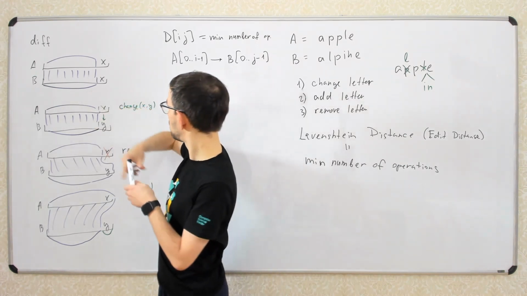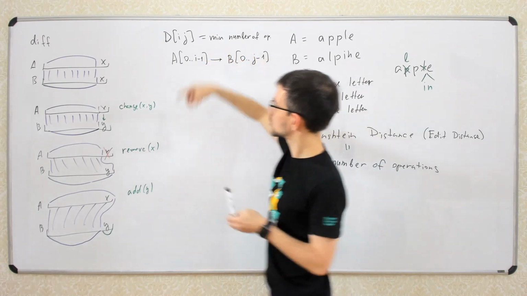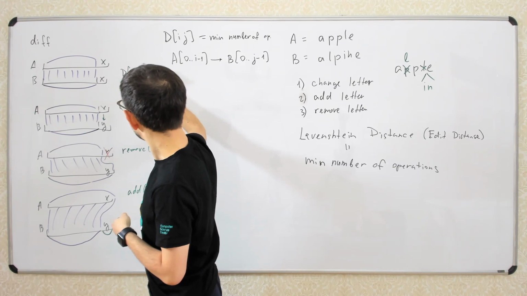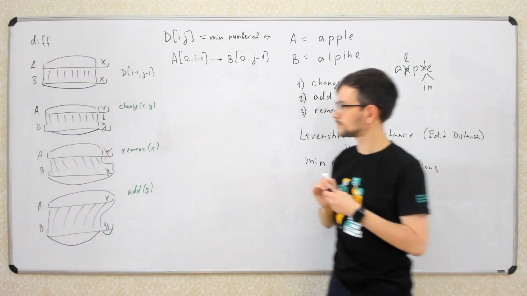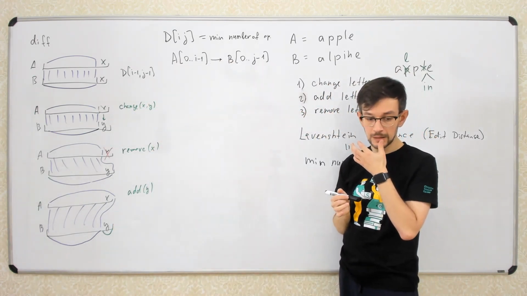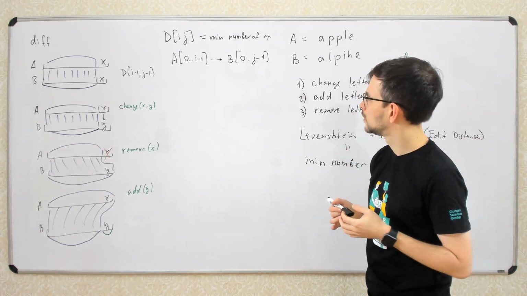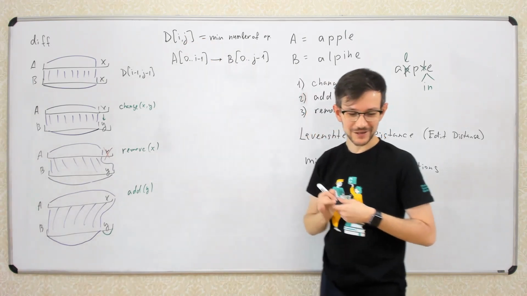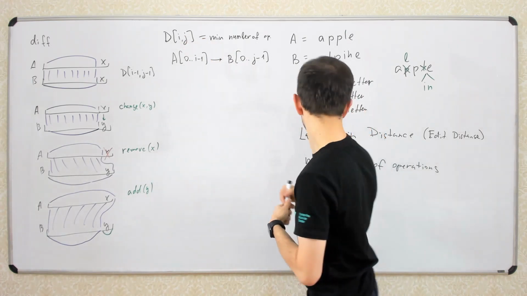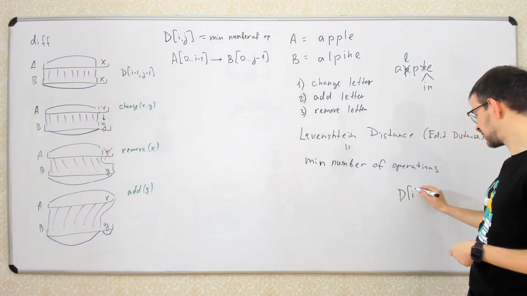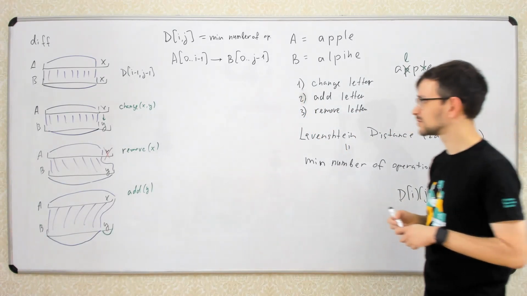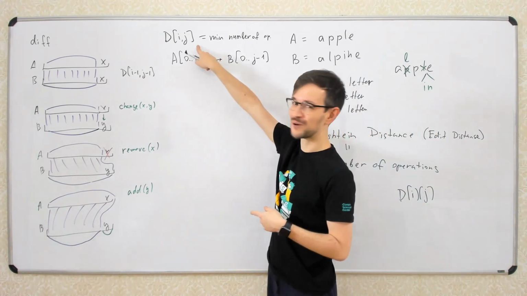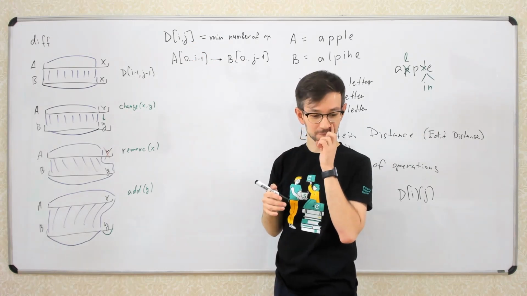So the solution to this problem, the minimal solution, is stored in the array D, I minus 1, J minus 1. Yes, it's a two-dimensional array. So like this. Yes, you may write it like this in most programming languages, but it's just too complicated for the whiteboard. I'll write it like this. It's a two-dimensional array, yes.